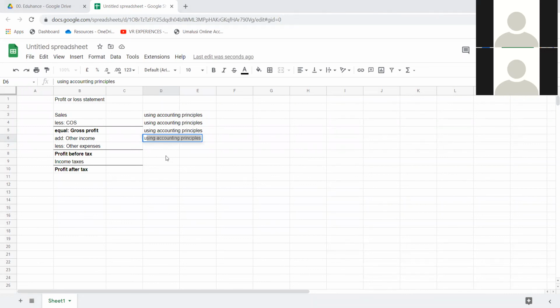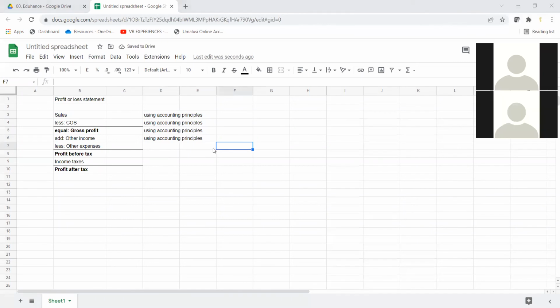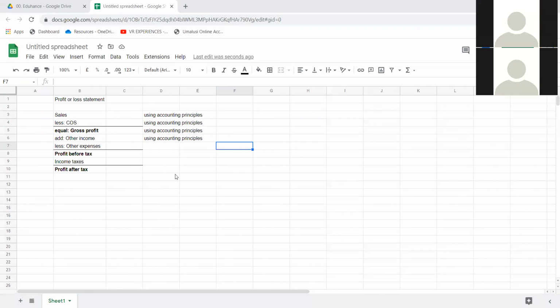So that is based on different accounting standards. Similarly, we have other expenses. Other expenses also come through different types of items. For example, lease expenses, which is IFRS 16, depreciation, which is IAS 16, amortization, which is IAS 38, then we have fair value gains or losses, which is IAS 40.